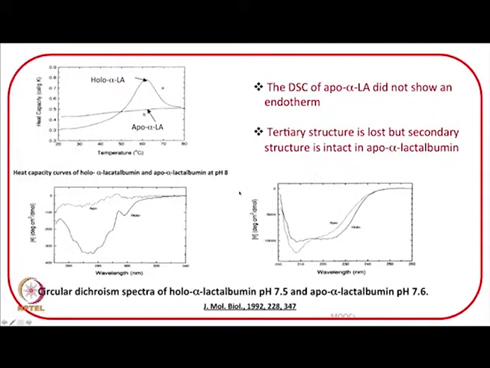So here comes the controversy, because in this example the authors showed that the molten globule state, the traditional molten globule state, for which the definition adopted is intact secondary structure compared to that of the native state and lost tertiary structure, did not show an endotherm in the differential scanning calorimetric profile.